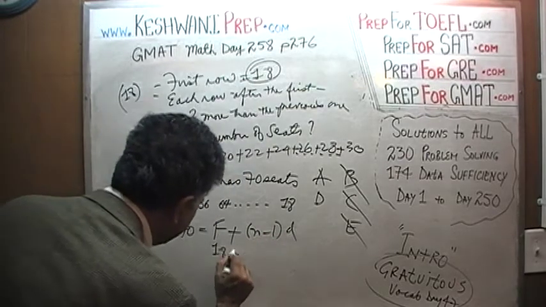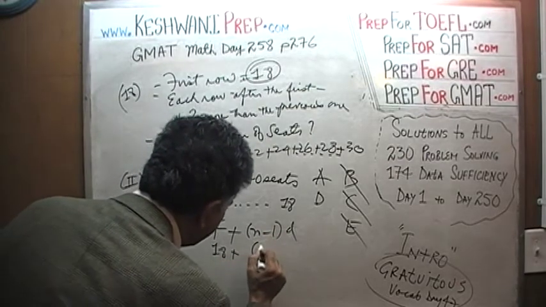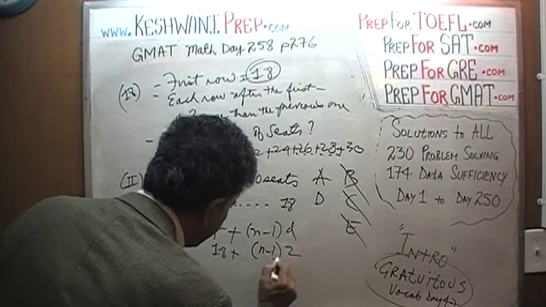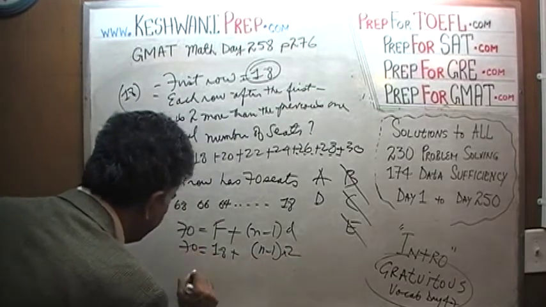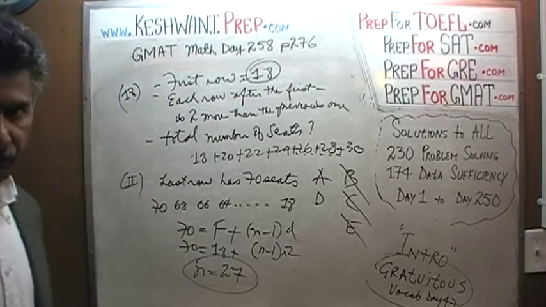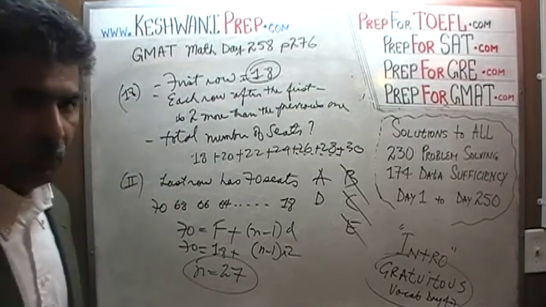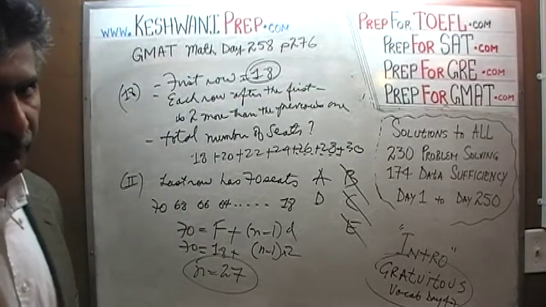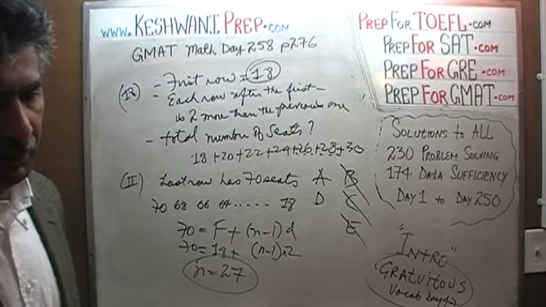That's going to be 18 plus n minus 1 times 2, that equals 70, and you solve for n and it's going to turn out to be 27, just as before. The first statement told us that there were 27 rows, and it's going to remain 27 rows. The two statements never contradict each other.